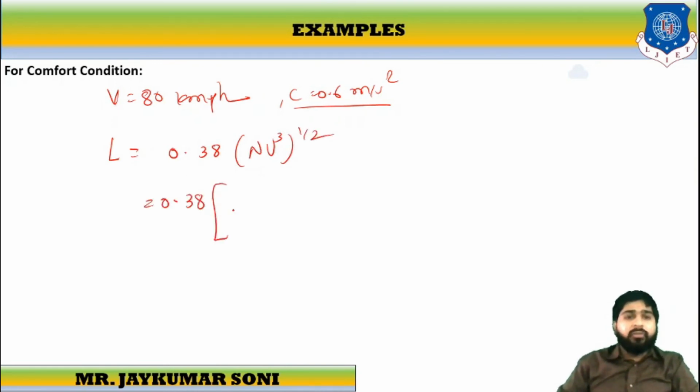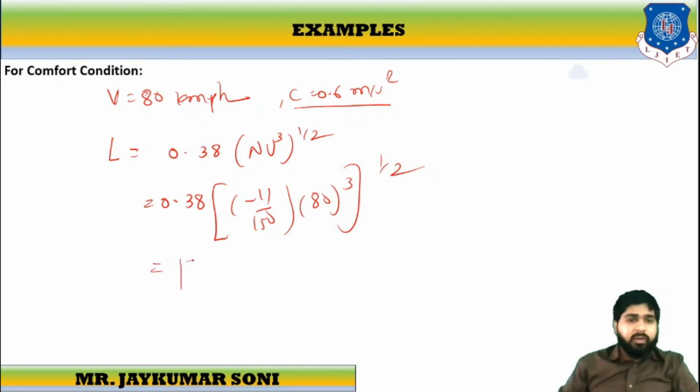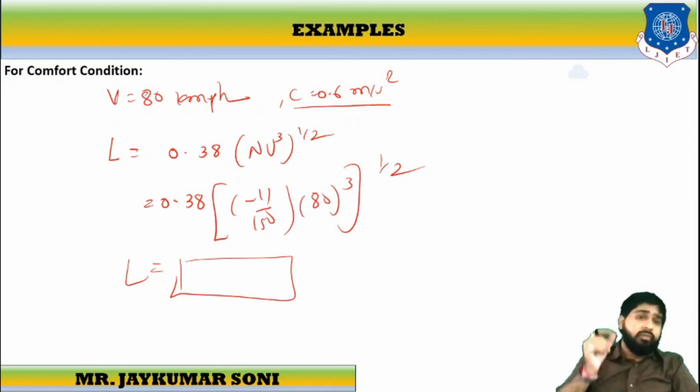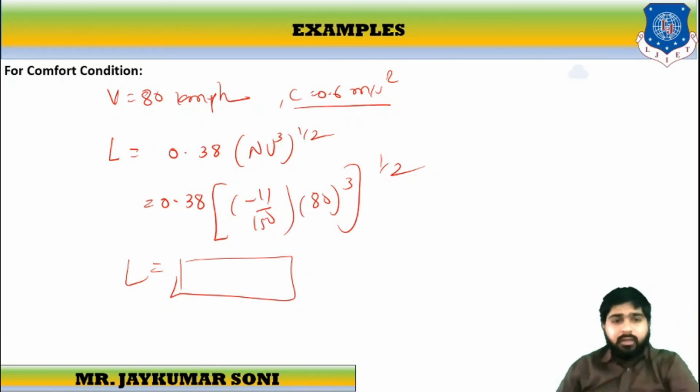The value of N we have calculated is minus 11 by 150. V is 80 cube raised to 1 by 2. Calculate this and tell me what is the answer that you are getting as the length of valley curve for comfort condition. This will be approximately 74 meters. Exactly it is approximately 73.63, something like that.